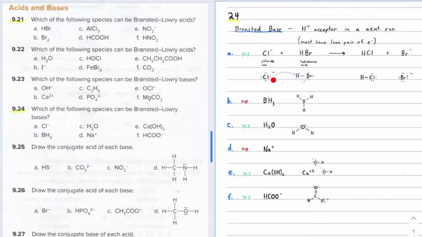What happens is one of these lone pairs on the chloride forms a bond with the hydrogen, and the bond that hydrogen already had goes back to the bromine. And so here are the Lewis structures that you're left with. Now chlorine has a bond with the hydrogen, and bromide has 4 lone pairs of electrons and a minus charge.